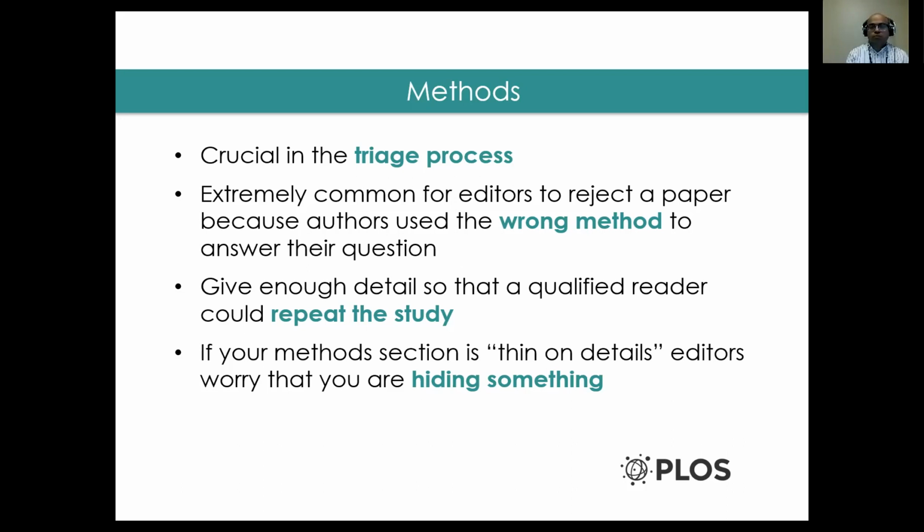So if your methods section is thin on details, editors also worry that you're hiding something. And a lot of journals now are requiring that detailed methods be posted online because of space limitations within the paper itself. So they either have their own website where you can post very detailed methods, or you can post them elsewhere.